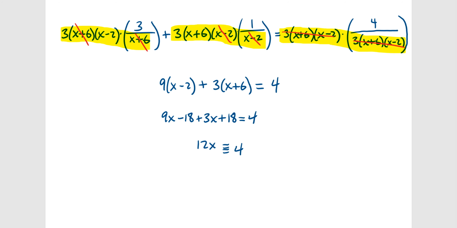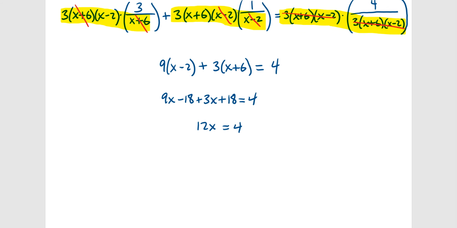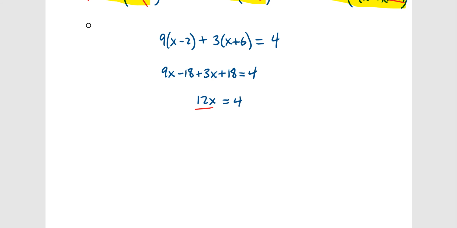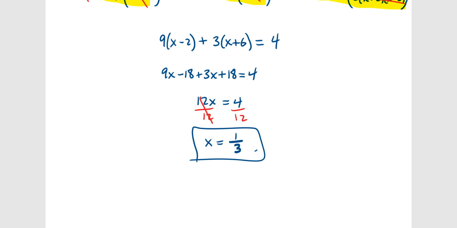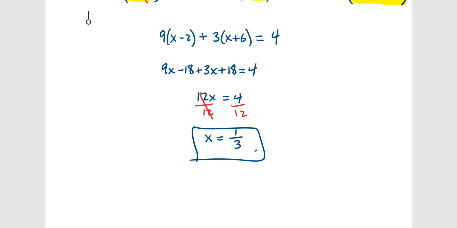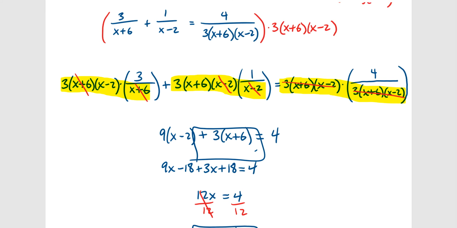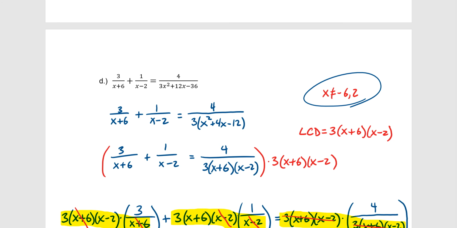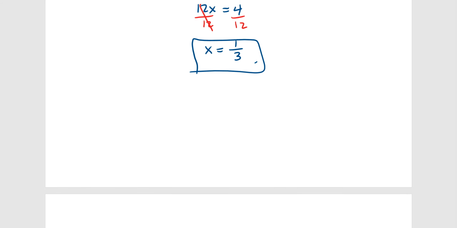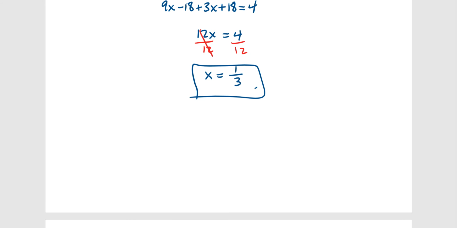So 12x equals 4, and we divide both sides by 12. 4 divided by 12 simplifies to 1 over 3. We double check that 1 over 3 was not part of the domain that gets excluded, and it wasn't. We said x cannot equal -2, -6 or +2. So that is our answer.